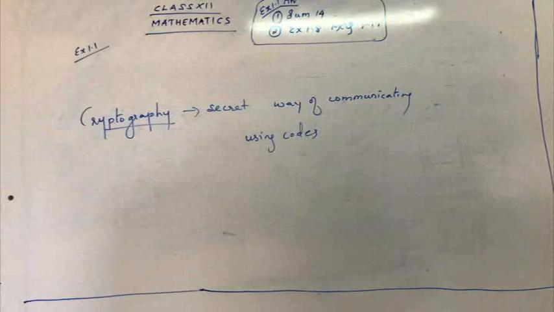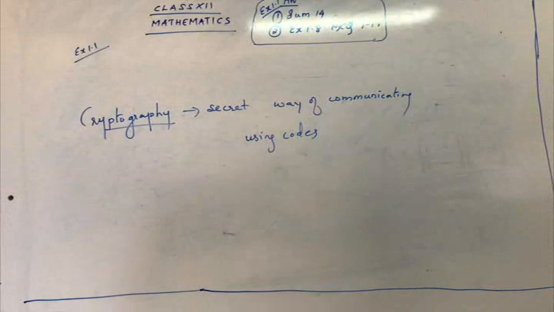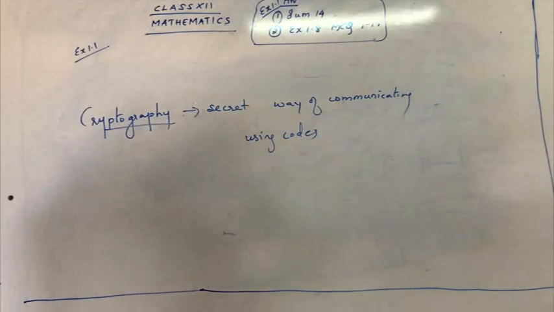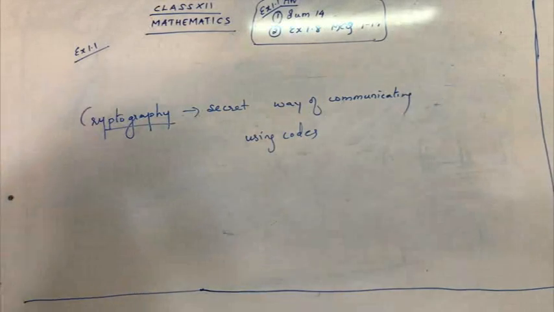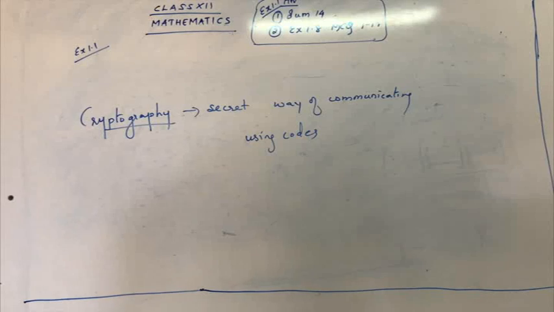See, the definition is given in the second line. Cryptography is an art of communication between two people by keeping the information not known to others. So it's a way of communicating between two people, and the third person will not know what you are communicating.